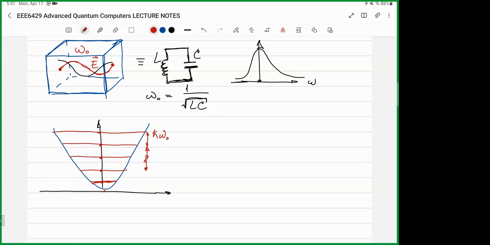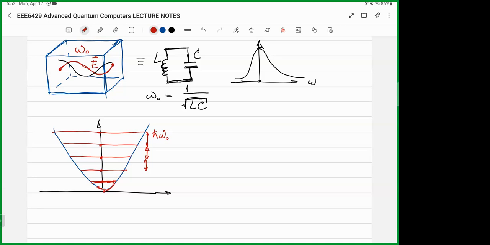No, because we need to isolate just one transition in the system. So we have to somehow change this spacing between the levels to make it anharmonic, to make these transitions different, so we can select just two levels in the system.